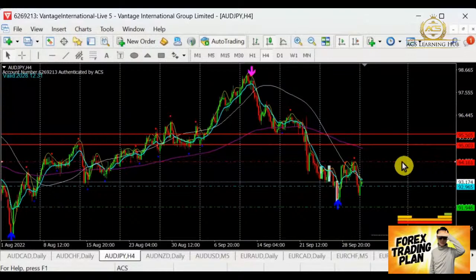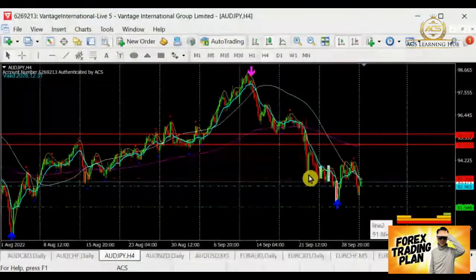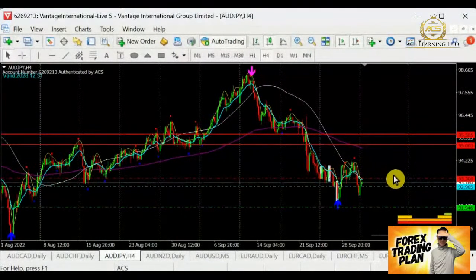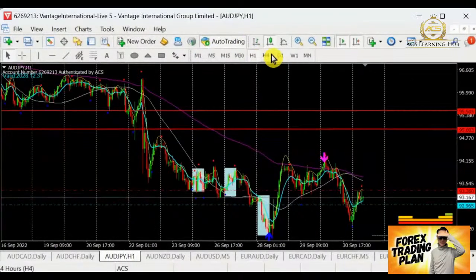If this resistance level is hit and it retraces downwards once again, there may be a good chance for selling. Today is still a retracement, but it looks like it's ending very soon, so tentatively we may have a chance to sell down.